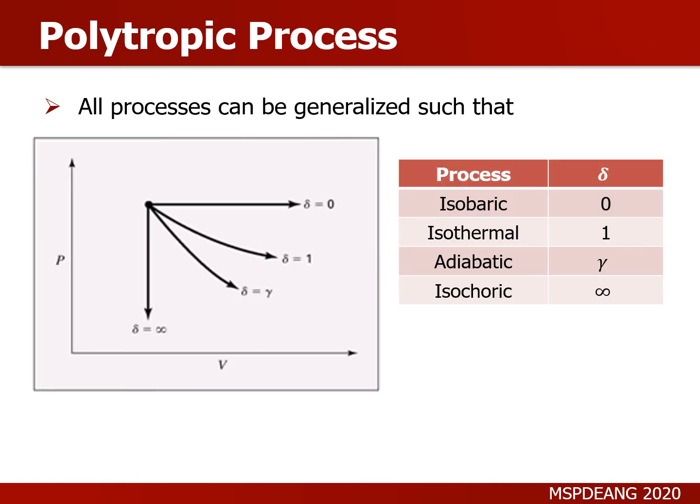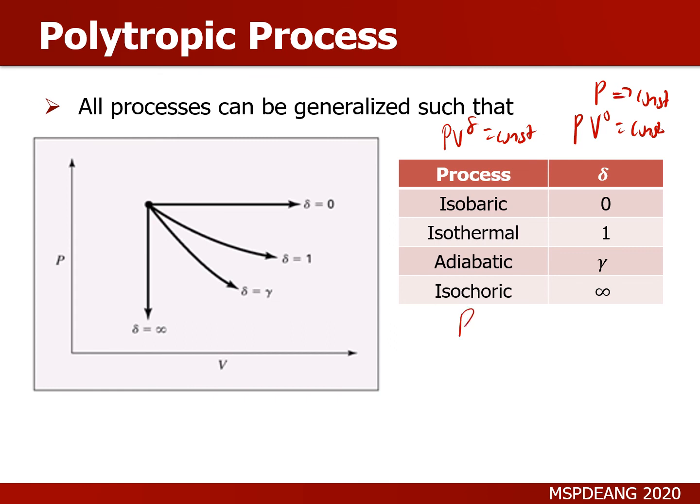So, for a polytropic process, if delta is equal to 0, it means you have an isobaric process. For example, P V raised to delta is constant. If delta is equal to 0, therefore P times V raised to 0 is equal to constant. Thus, P is constant.